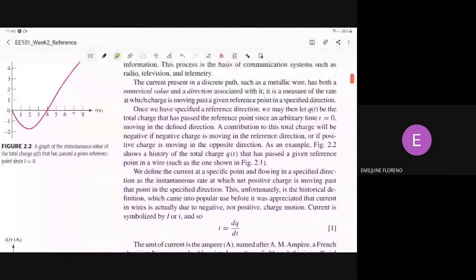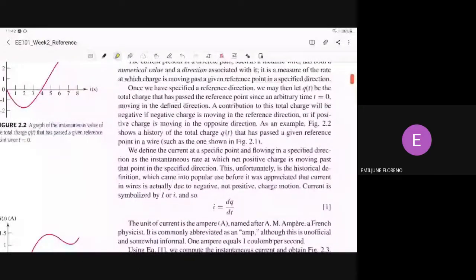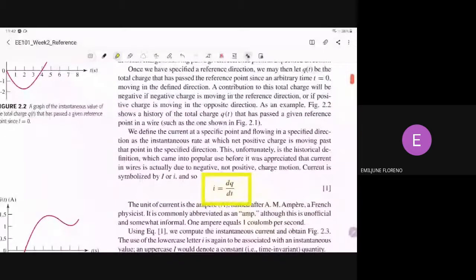So what else here? I think we have already defined it. In terms of mathematically speaking, take note of this equation here. The i is equal to dq over dt.